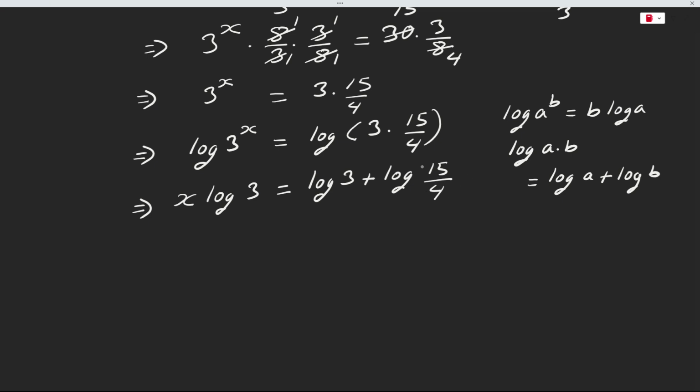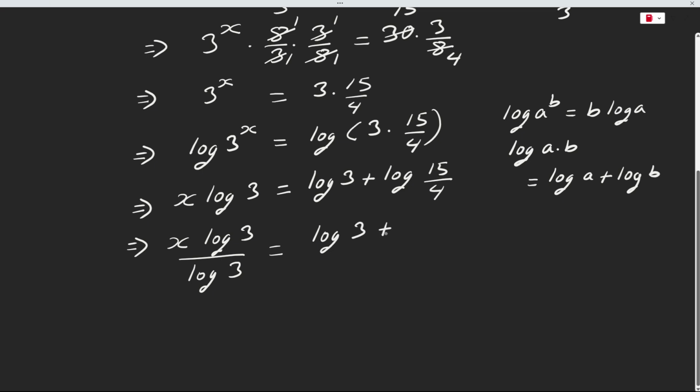Now dividing both sides by log of 3, we can write this as x log of 3 by log of 3 equals log of 3 plus log of 15 by 4 by log of 3.